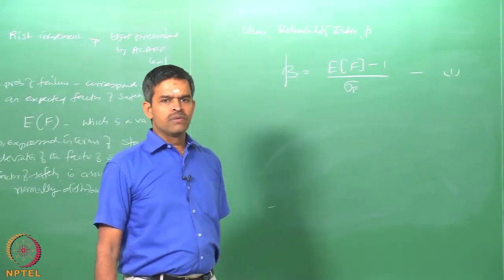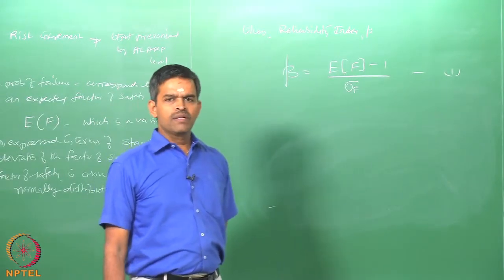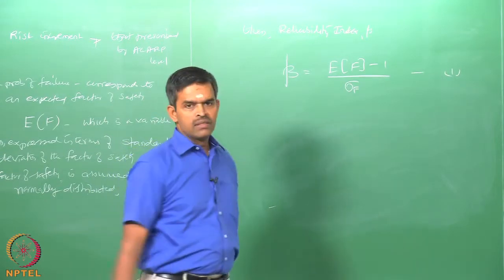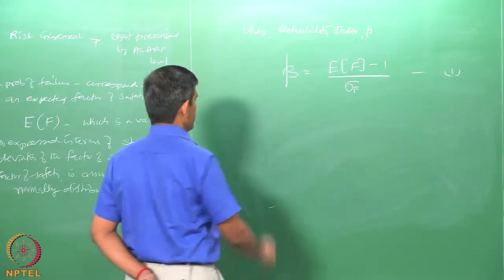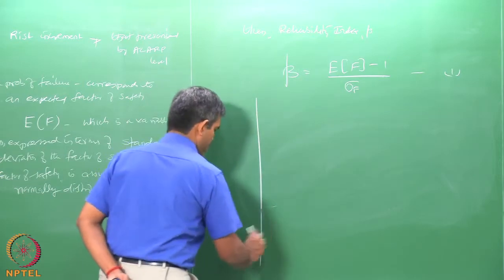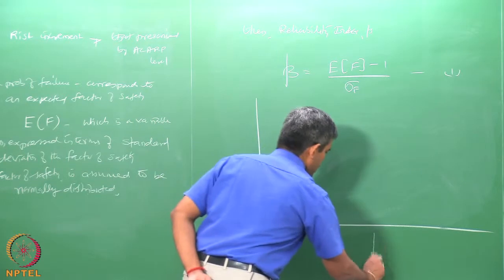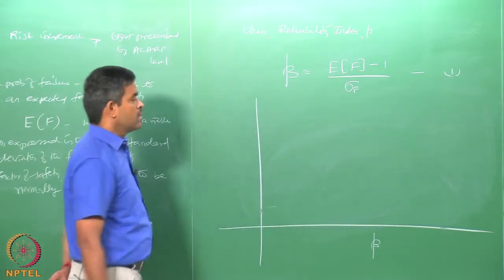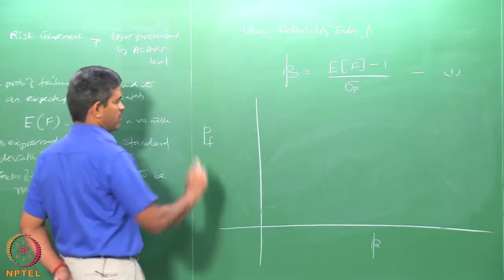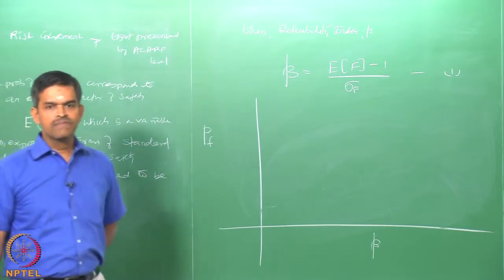Let us try to plot the relationship between reliability index and probability of failure. Let us take the reliability index on the x axis and the probability of failure on the y axis.